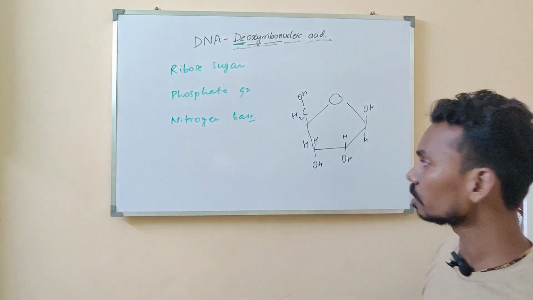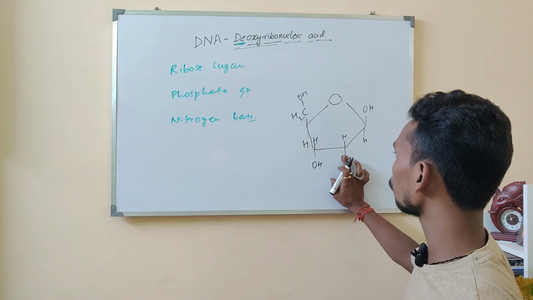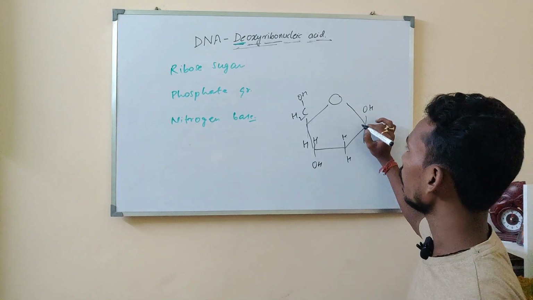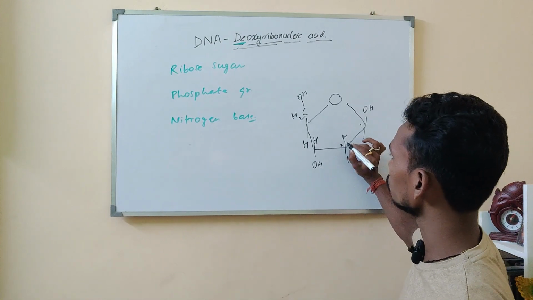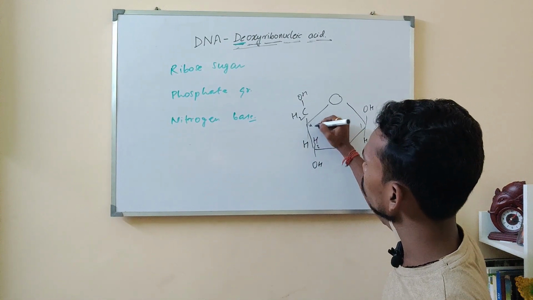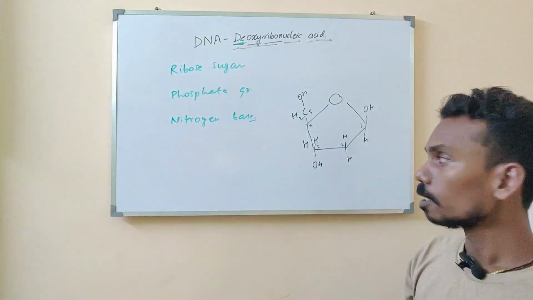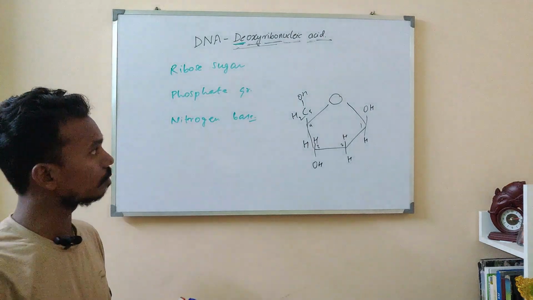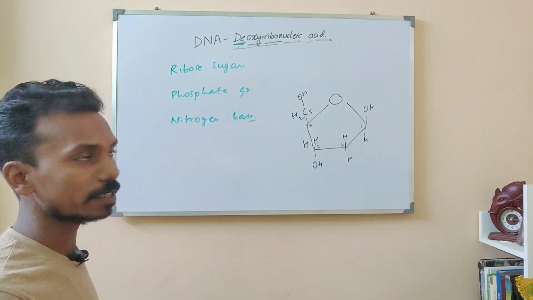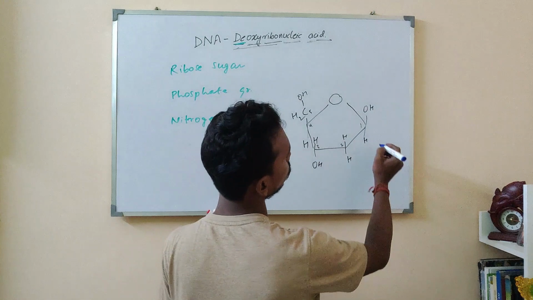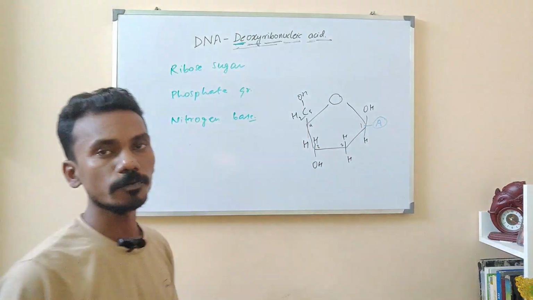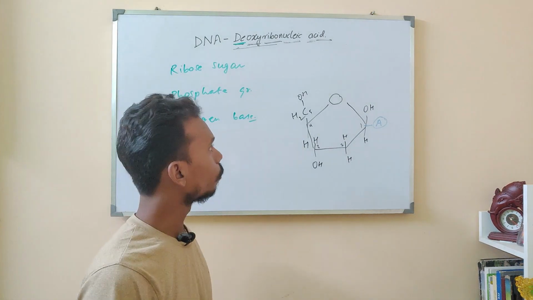This is your ribose sugar, and you have to remove the oxygen from carbon number 2, as this one is carbon number 1, this 2, 3, 4 and 5. Next you have to add the nitrogen base, whether adenine, guanine, cytosine or thymine. Always remember that the nitrogen base must be added at carbon number 1.